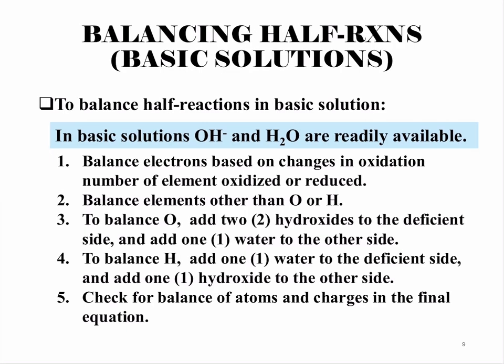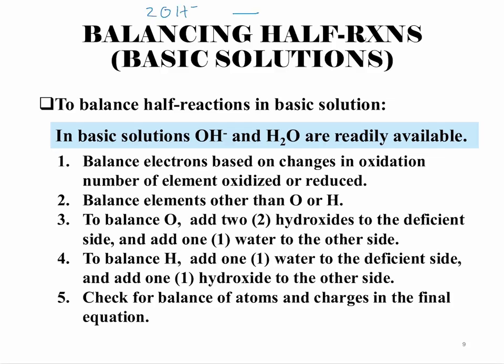And so what that looks like is if we have 2 hydroxides on one side of the reaction and we add 1 water molecule to the other side, we've added 2 hydrogens on the left, and on the right, how many hydrogens have we added? 2 as well. And on the left-hand side, we've added how many oxygens? 2.